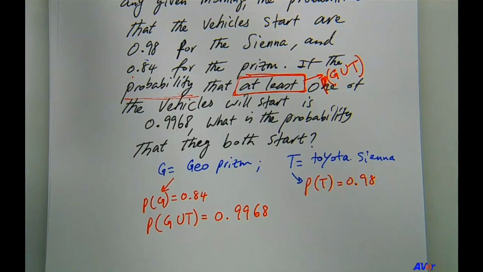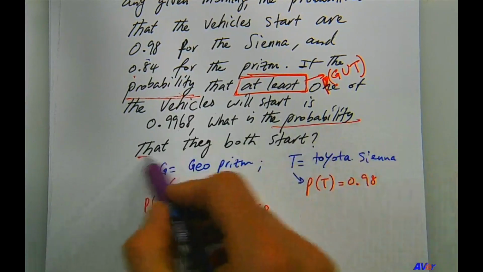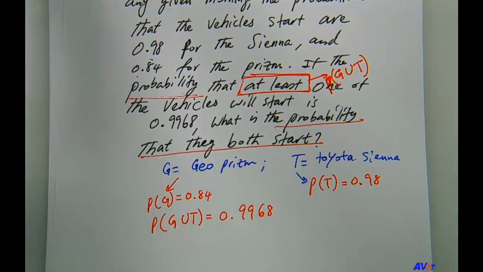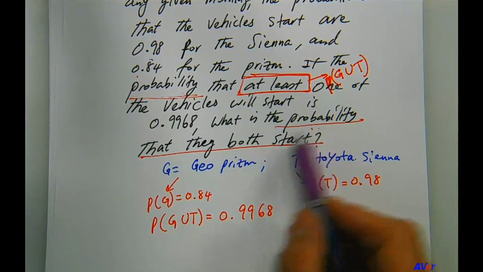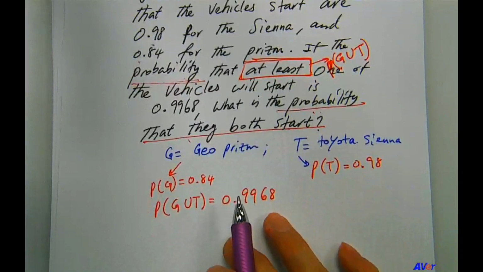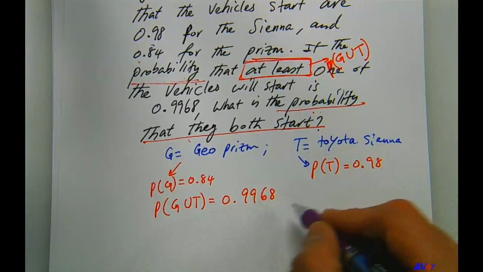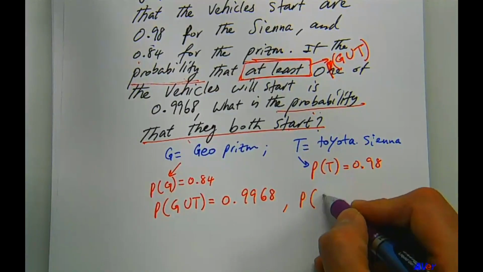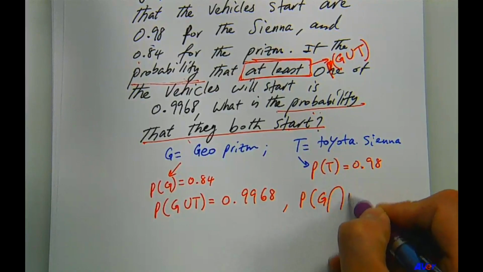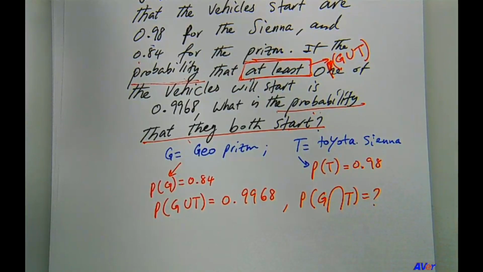Okay. Then what is the probability that they both start? Now that last question should be easy for you to translate into symbolic form or notation. They're asking us to find the probability that G intersection T will happen, right? They both start.